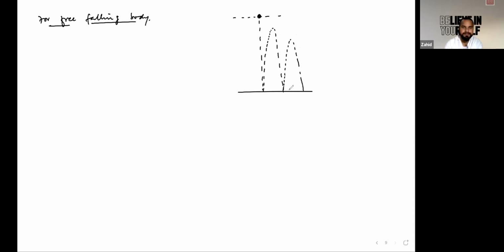On the basis of this, if we define the equation, first, using the second equation of motion, S equals ut plus half at squared. Just see this particular term with the highest power of t. It will be t squared. So you can say S is proportional to t squared.